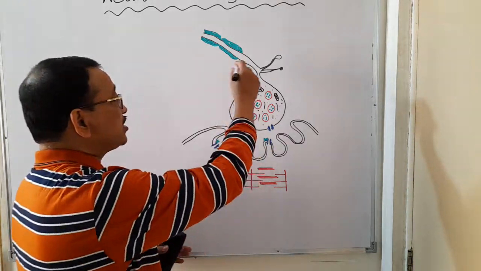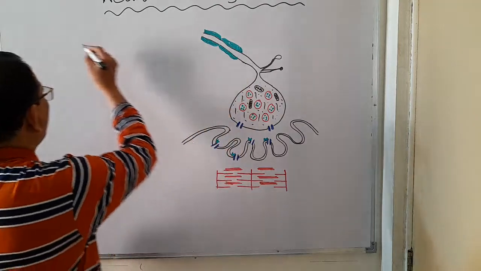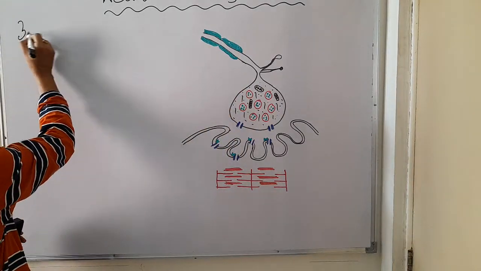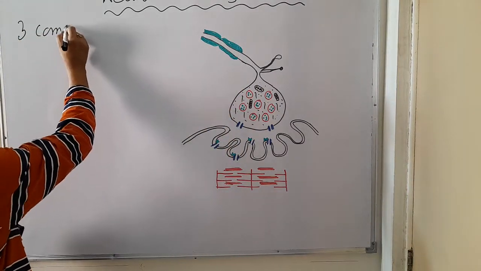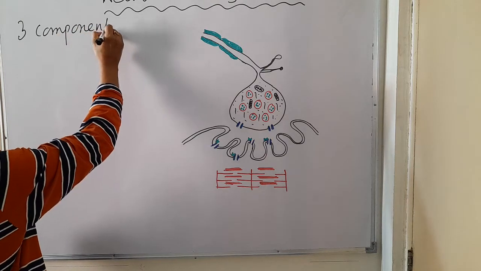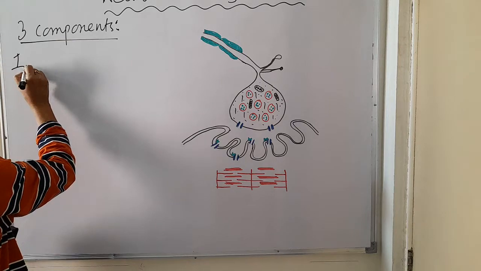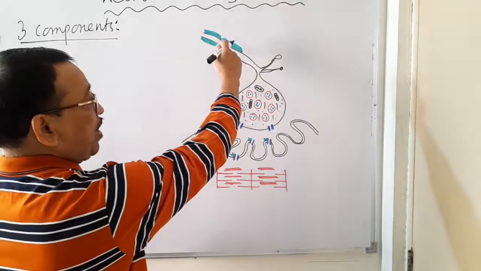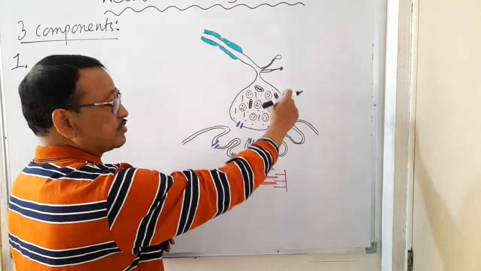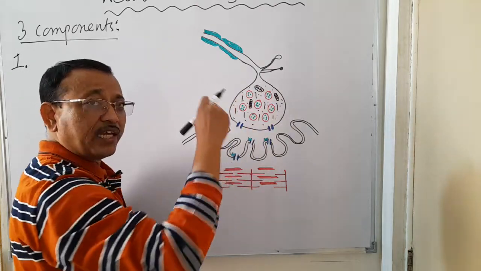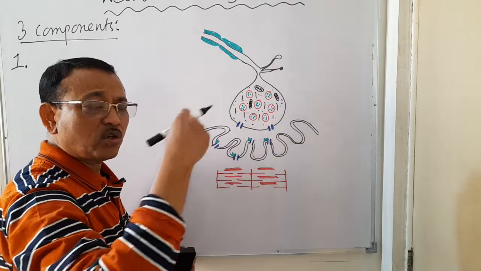So this neuromuscular junction has mainly three components. The first one is the part of the nerves which give the supply to a particular muscle.